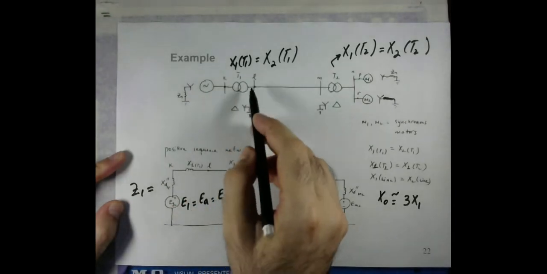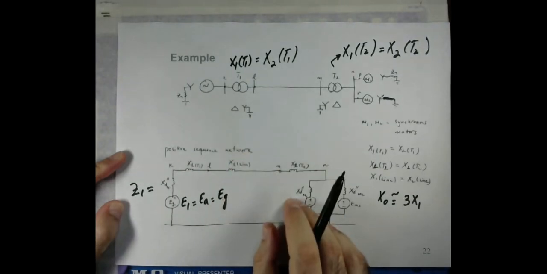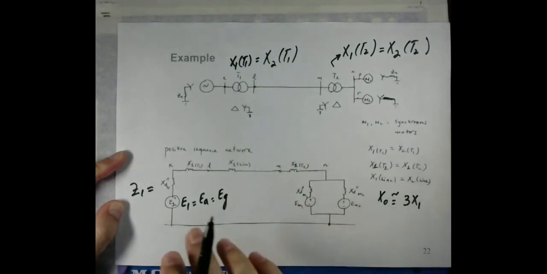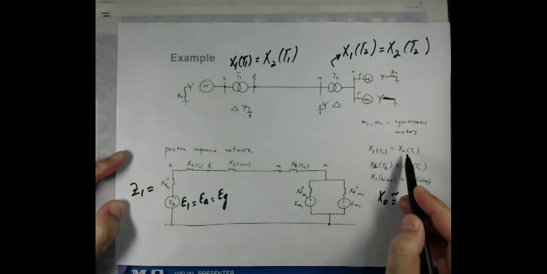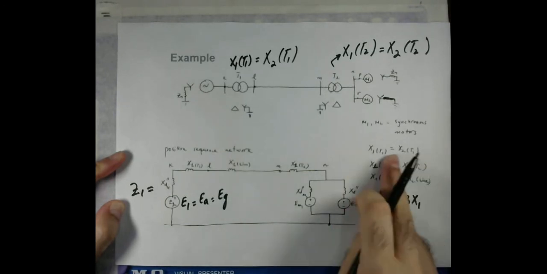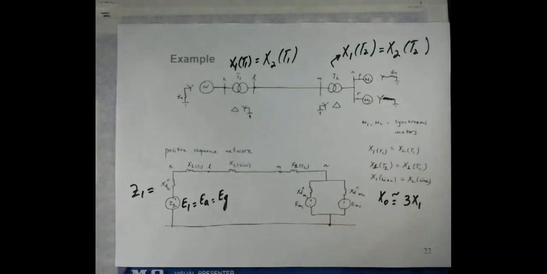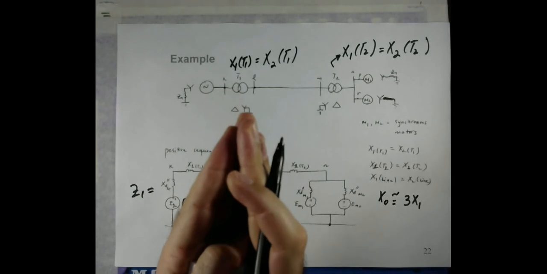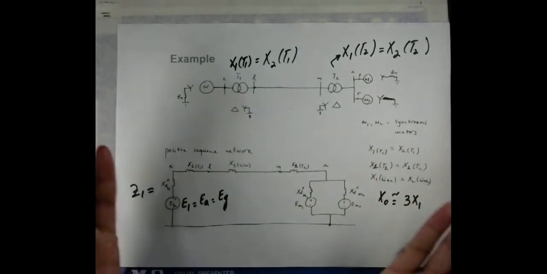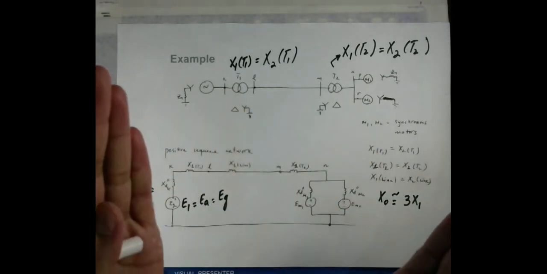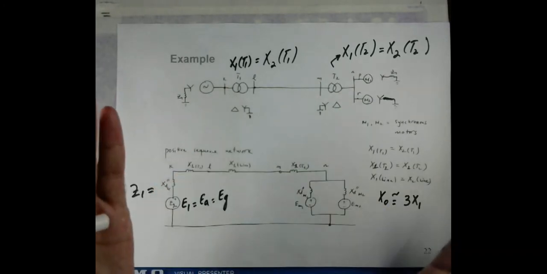Afterwards we have the transformer, and we have discussed that the positive and negative sequence inductive reactances, or leakage reactances, are the same, because we model the transformer only with the leakage reactance. They are the same because these are static elements that do not change whether we have a positive, negative or zero sequence current.